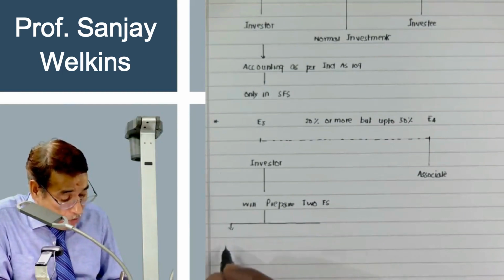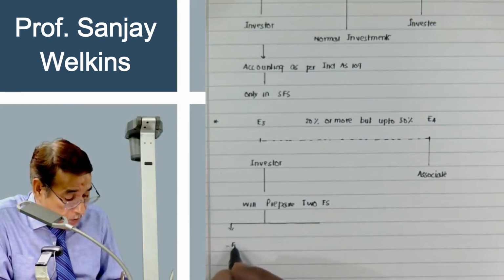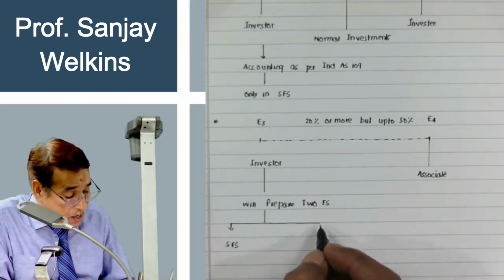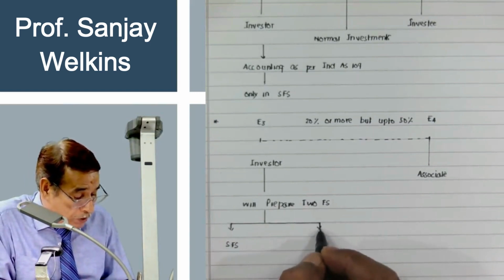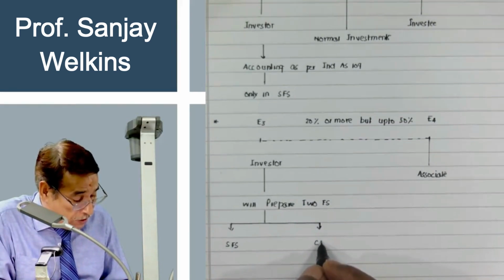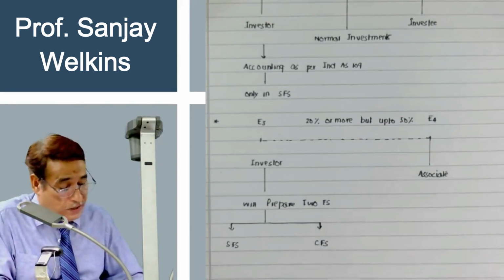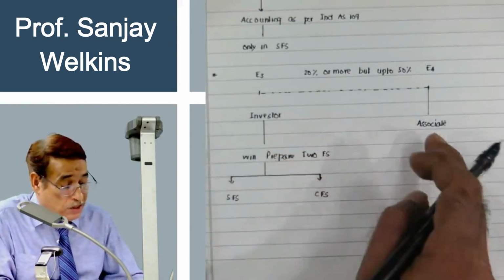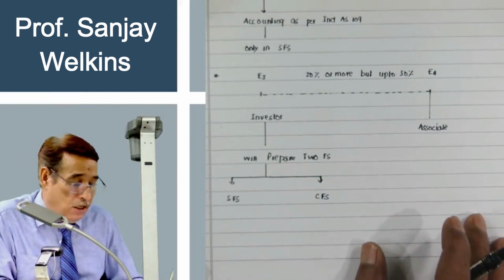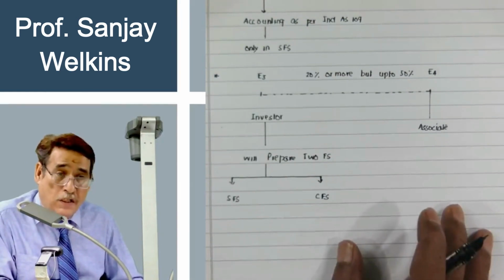Obviously, one will be separate financial statement, and besides, we will have to prepare in this case consolidated financial statement. We will have to prepare consolidated financial statement because this time we have significant influence in the other entity and we are supposed to prepare consolidated financial statement.